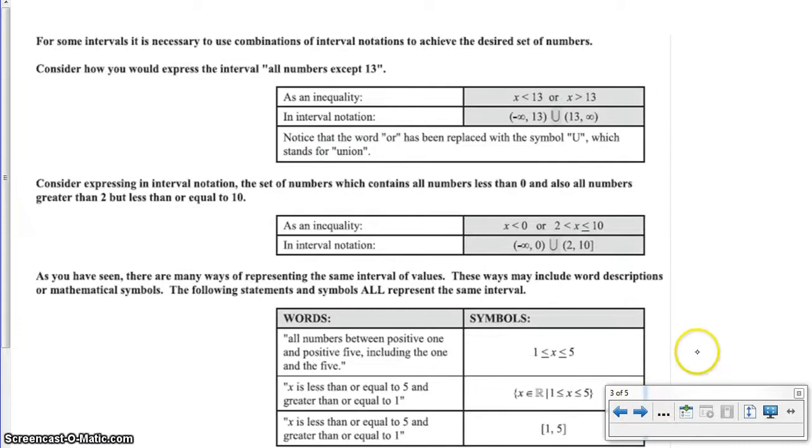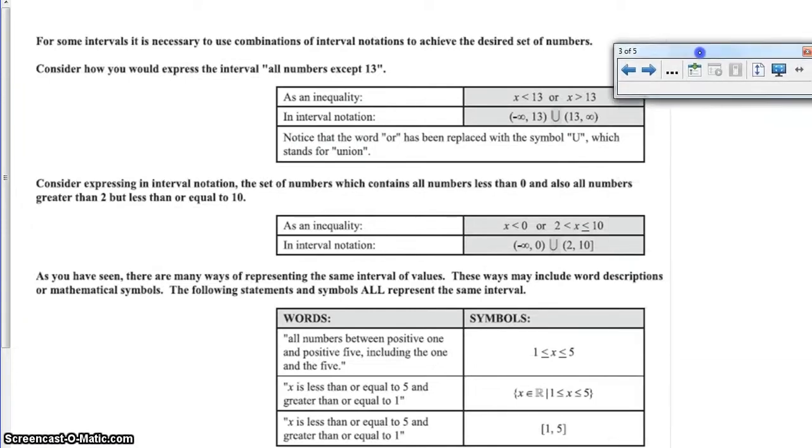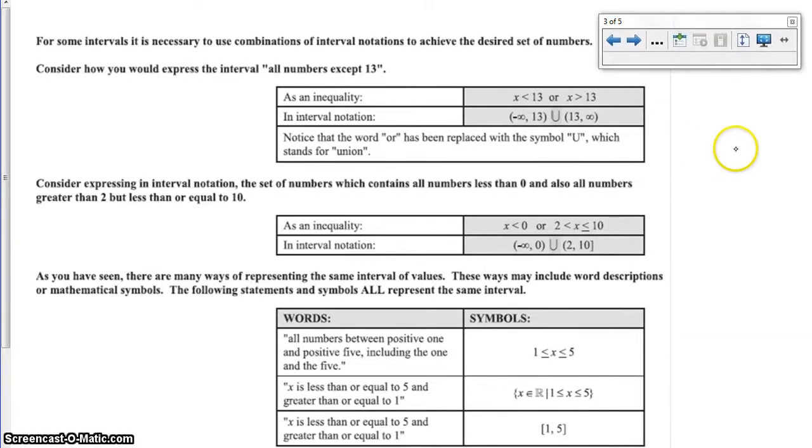All right, let's take a look at this one. This gets into a little bit of uncharted waters, when we're talking about the or situation. So in this case, I want numbers that are less than 13 or greater than 13. I don't want to include 13. So what do I say?